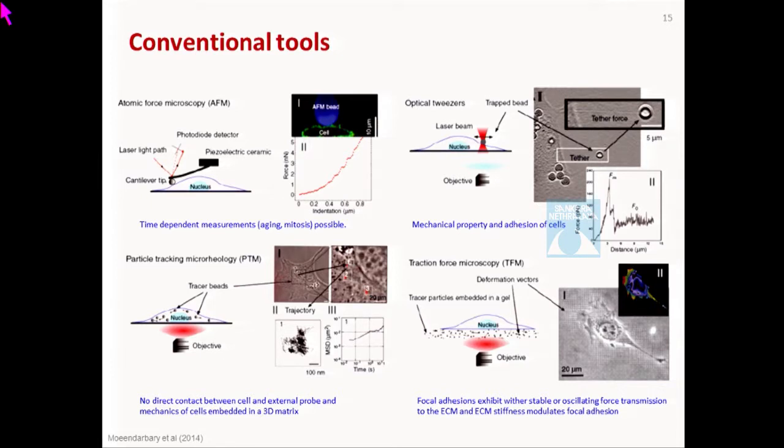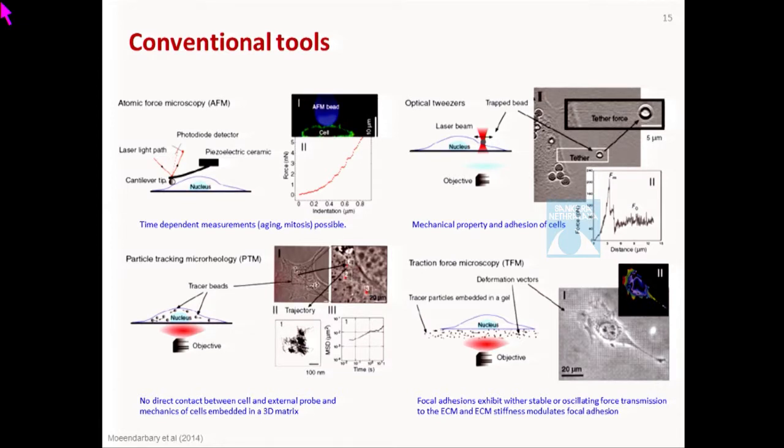So you just need to track how a particular particle moves with time. This MSD is mean square distance. By tracking how the particle moves, you will be able to know the Young's modulus of the cell. If it is a softer cell, the particle has a much larger MSD as compared to a stiffer cell.